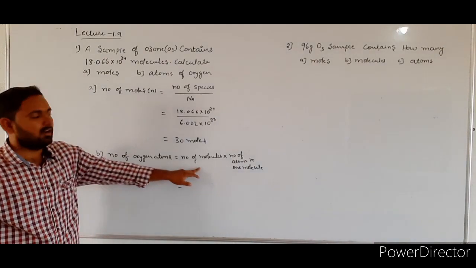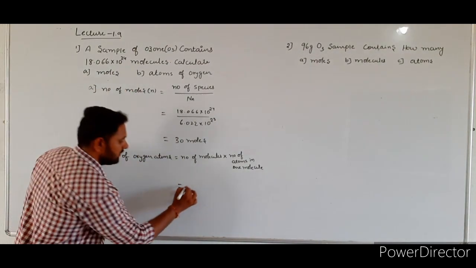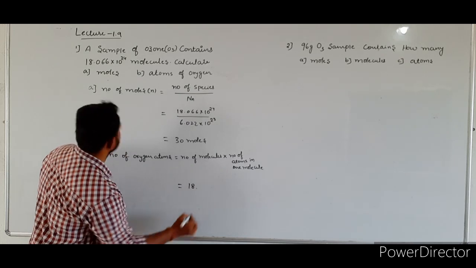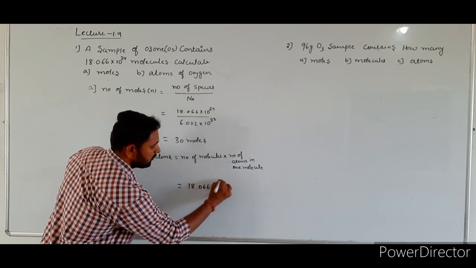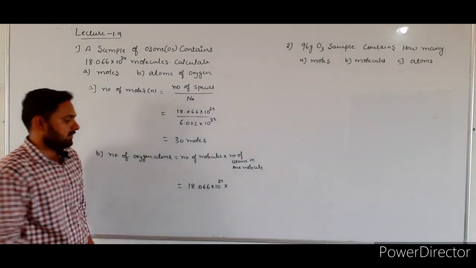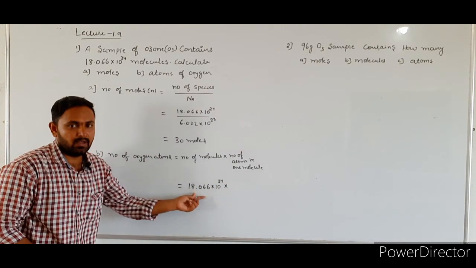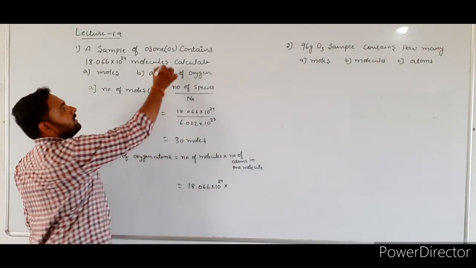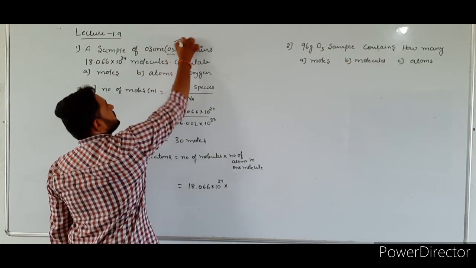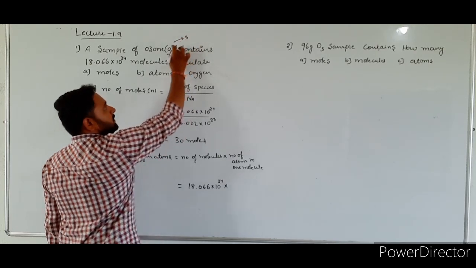Number of molecules, how many molecules he has given? 18.066 into 10 power 24 molecules he has given. Then in one ozone molecule, how many oxygen atoms are there? There are 3 oxygen atoms.